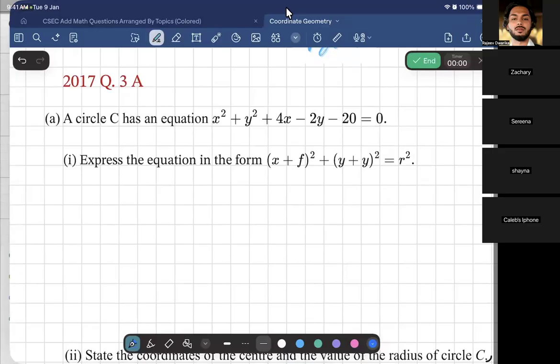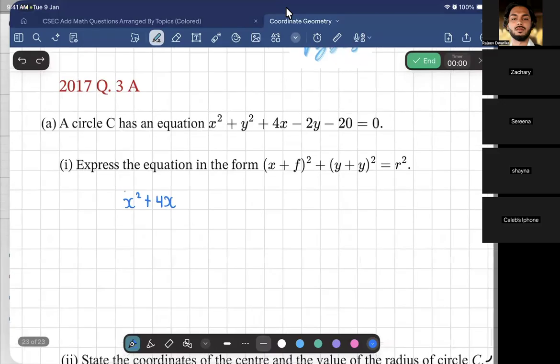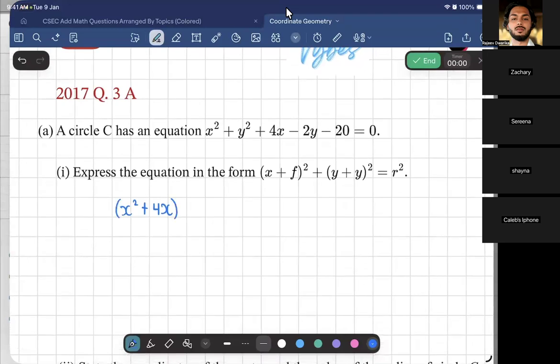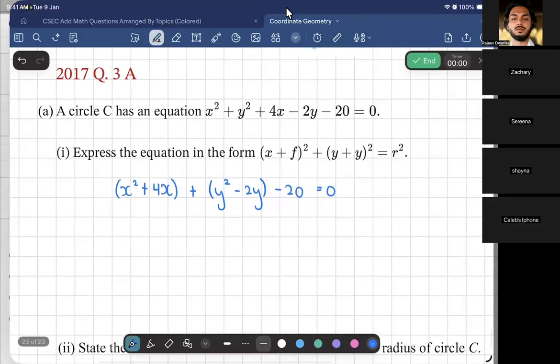And it's x squared plus 4x, plus in brackets, plus y squared minus 2y minus 20 equals 0. Right, what next?